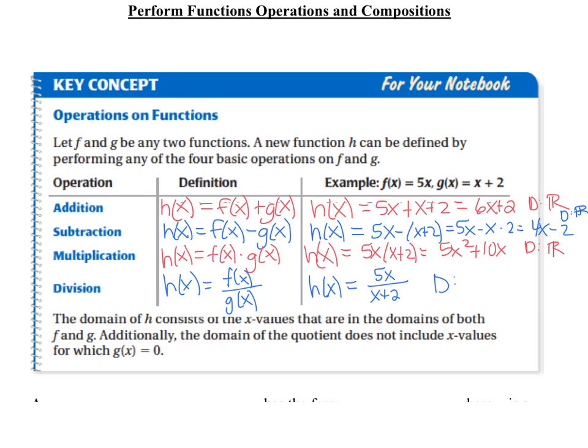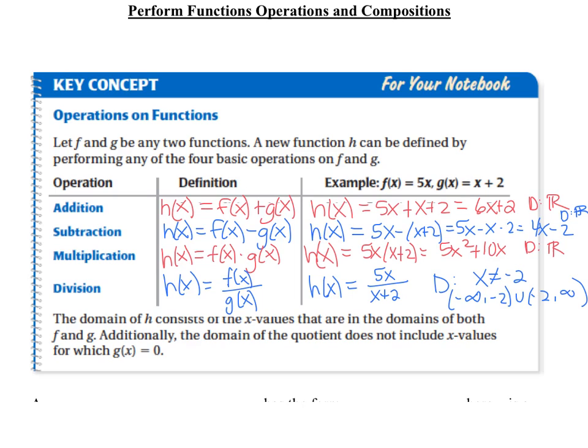In this case, our domain could be everything but negative 2. So x cannot equal negative 2, because if x were negative 2, I'd have negative 2 plus 2, which would be 0, and I'd be dividing by 0, which is impossible. So any number besides the negative 2 would work.